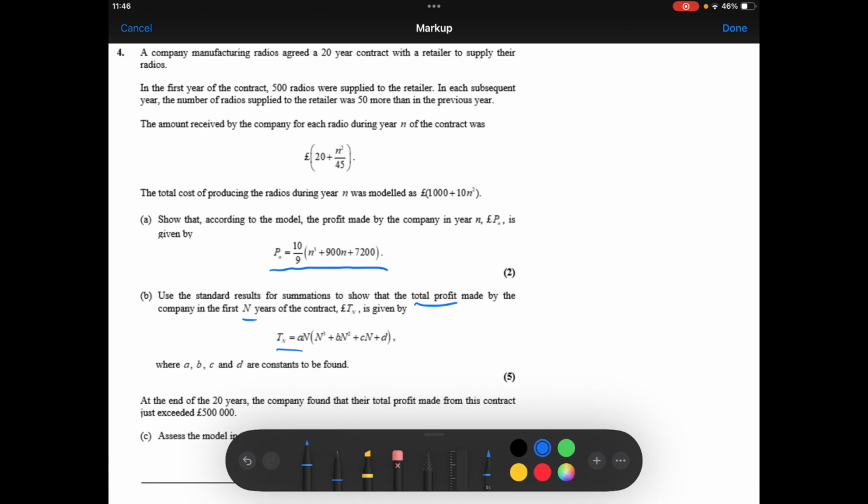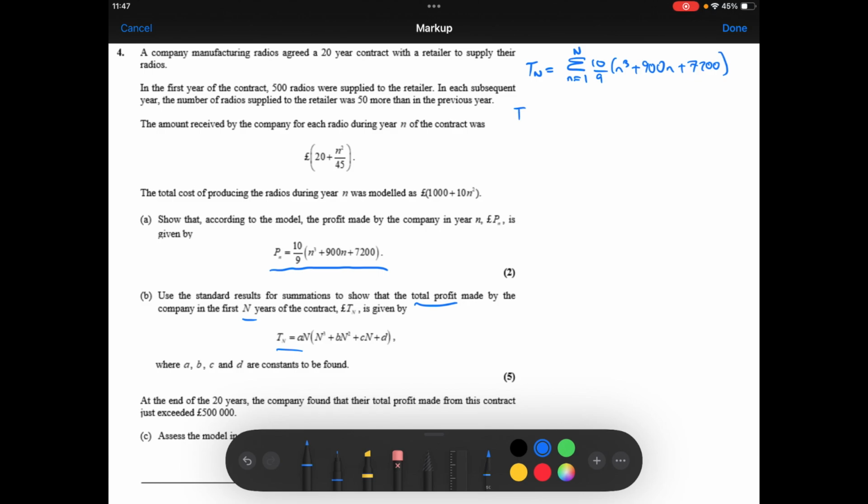So the total profit in n years is going to be the sum of all of the profits of the years up to that. So starting with the first year, going up to the capital nth year of 10 over 9 n cubed plus 900n plus 7,200.